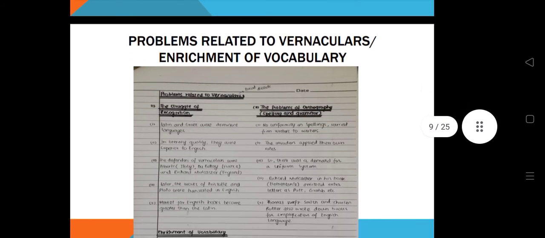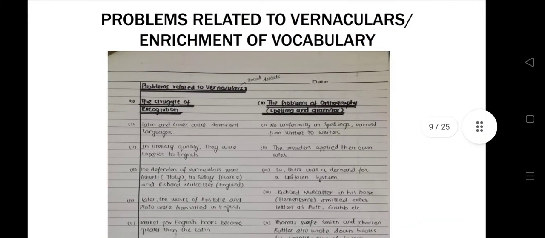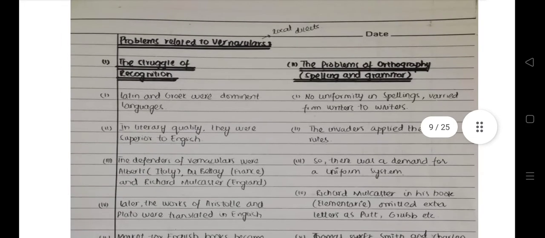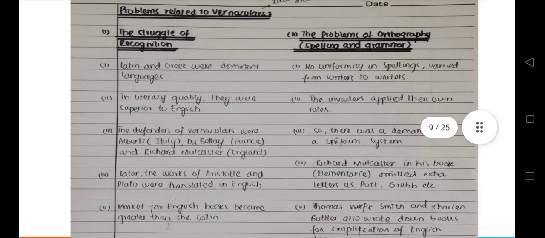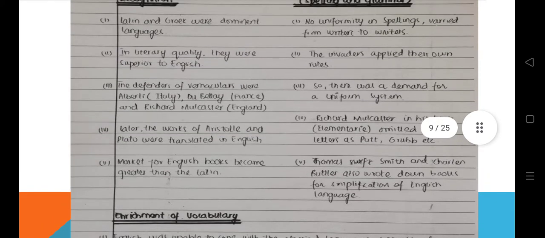And now we'll see the problems related to vernaculars. Vernaculars basically refers to the local dialects. So, enrichment of vocabulary. Problems related to vernaculars include the struggle for recognition. At that age, Latin, Greek, French were dominant languages, and so their literary quality was superior to English, and English was considered inferior to those languages.